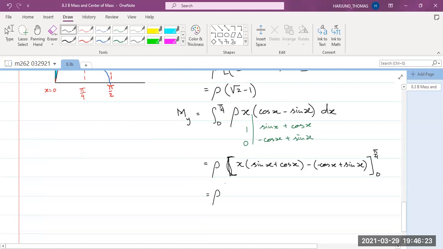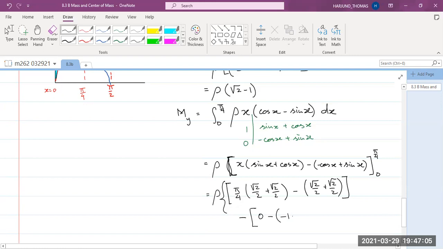This is rho times pi over 4 times radical 2 over 2 plus radical 2 over 2, minus, oh, that's radical 2 over 2 again. Oh, no, my bad, that's for pi over 4. Minus, oh wow, that's multi-layer. Minus when x is 0. So 0 minus negative 1 plus 0.